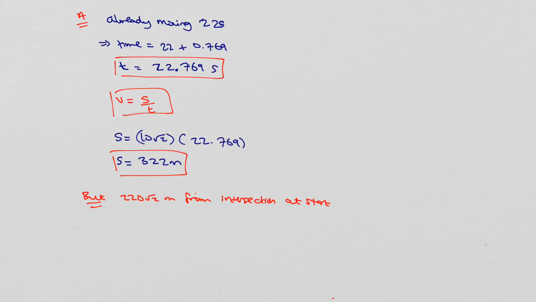So where is A now? Well, A is now going to be 11 metres from the intersection.